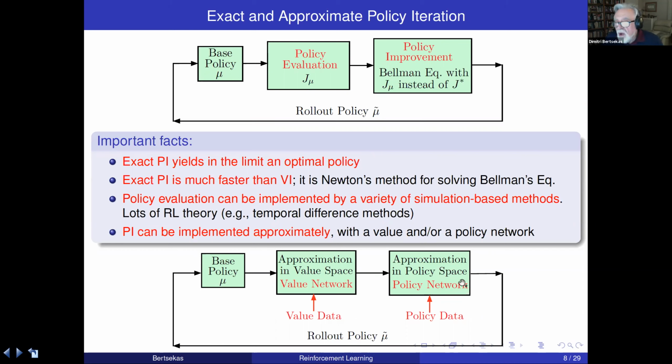And we noted also that these policy networks can be viewed also as classifiers, so they can benefit from software and algorithms that are known in classification theory.